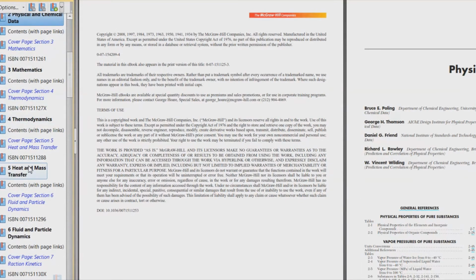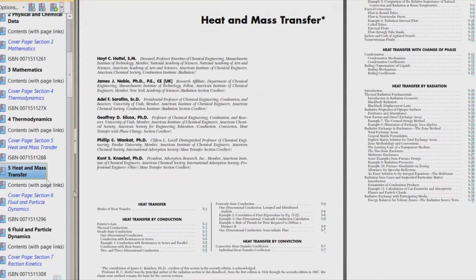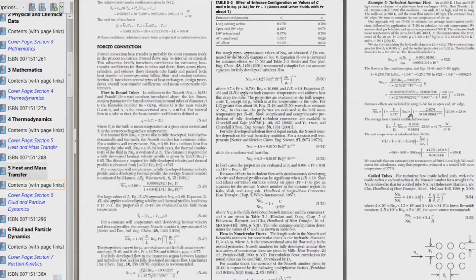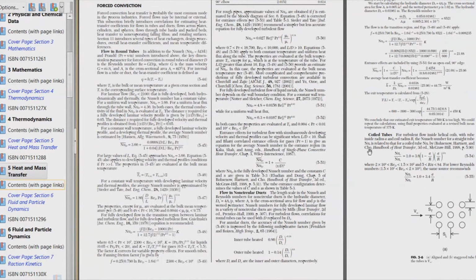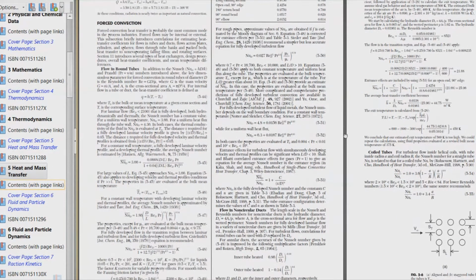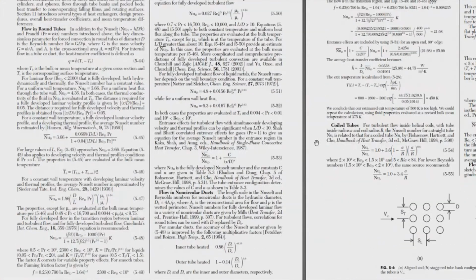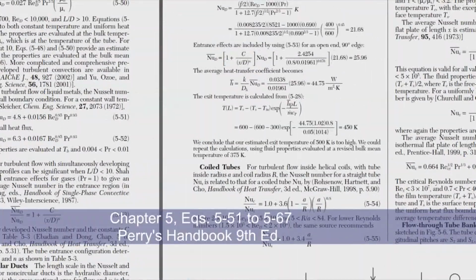So we go to heat and mass transfer, then heat transfer by convection, and then the forced convection. There's a lot of wording here, and this one is the one that we need.